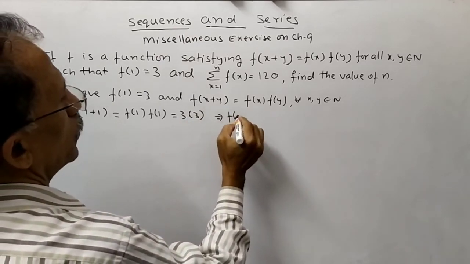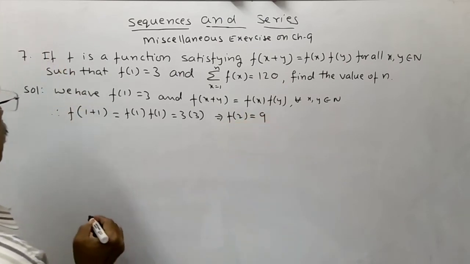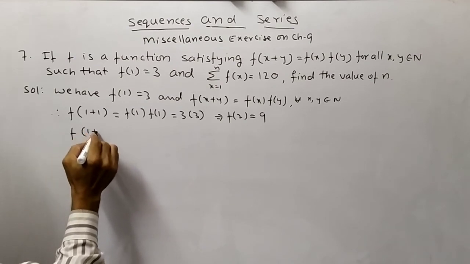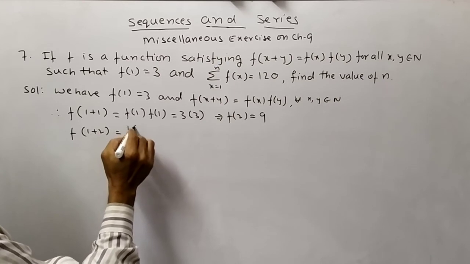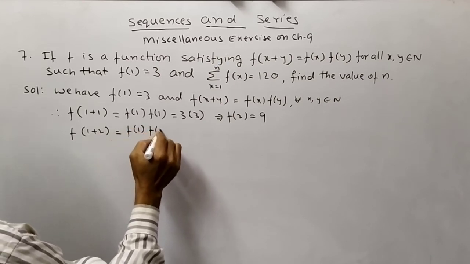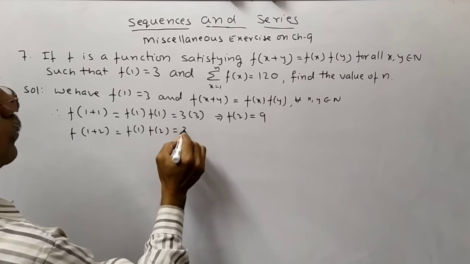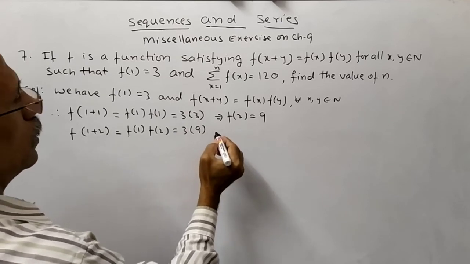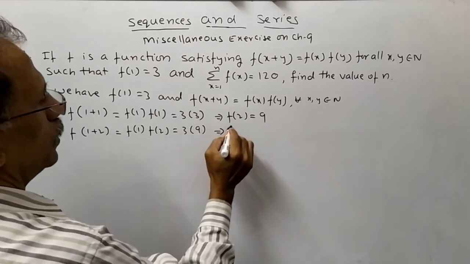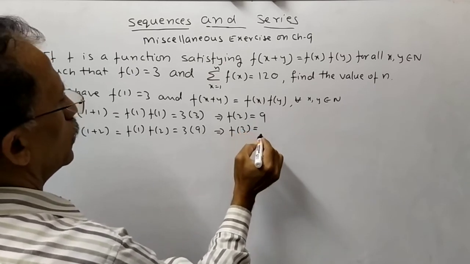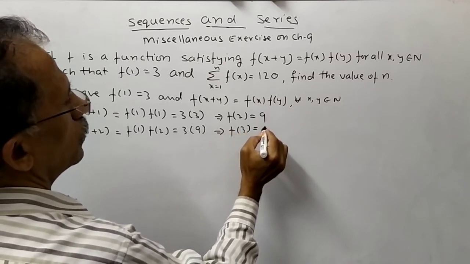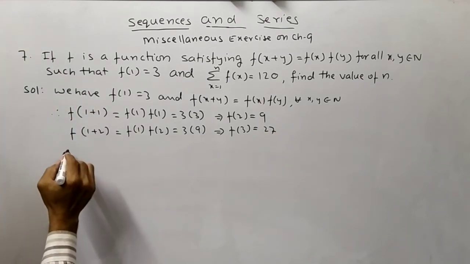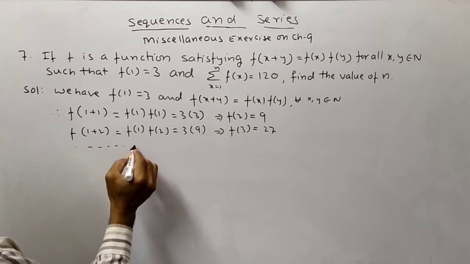This implies f of 2 is equal to 9. f of 1 plus 2 is equal to f of 1 into f of 2, which is 3 into 9. This implies f of 3 is equal to 27, and so on.